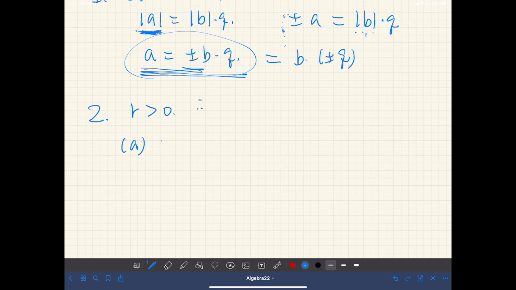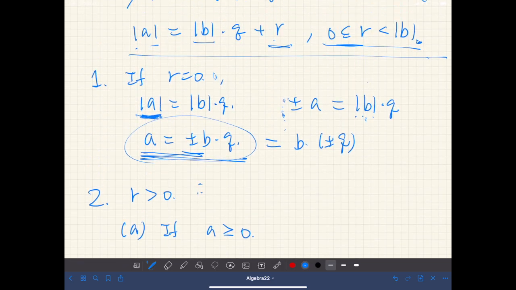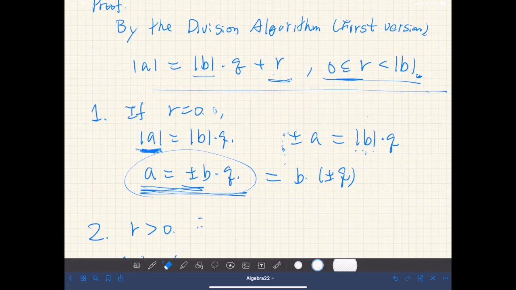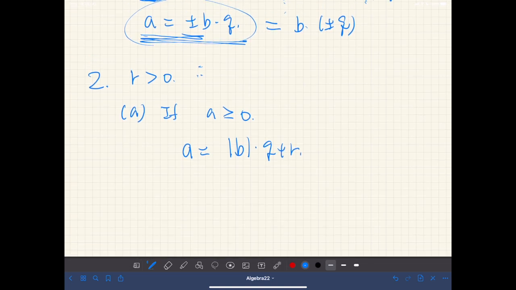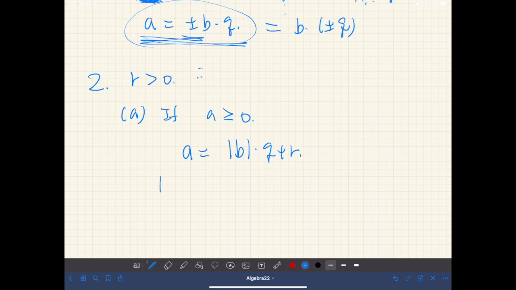First, a. If a is non-negative, then we take the modulus of this part, and we have a equals the modulus of b times q plus r. Okay, and now consider another case.